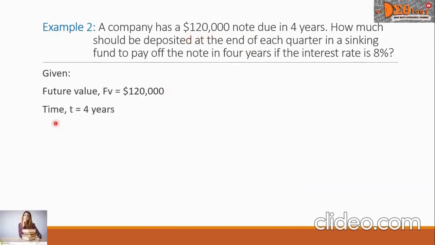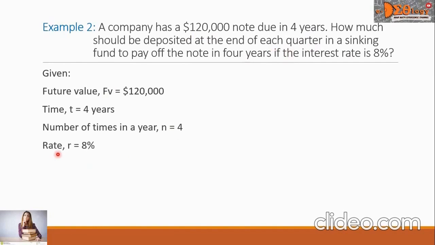Next is the time denoted by T, that is 4 years, followed by the number of times in a year that the company must deposit the amount, and it's written here each quarter. For our N, it will be 4. There are 4 quarters in a year.